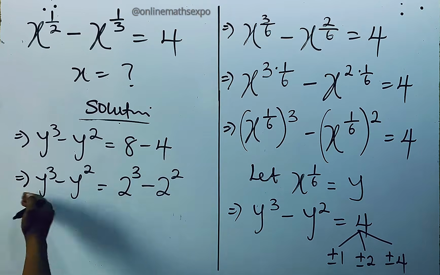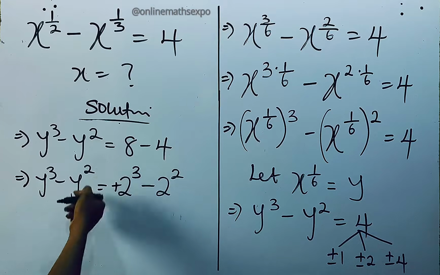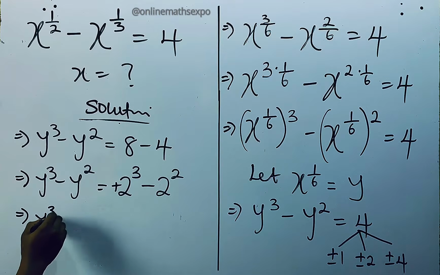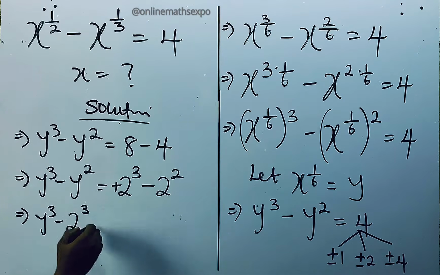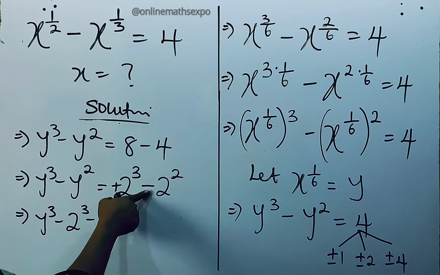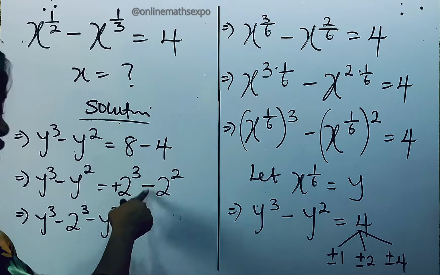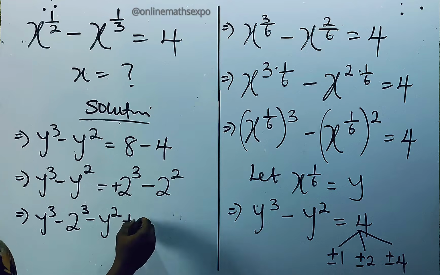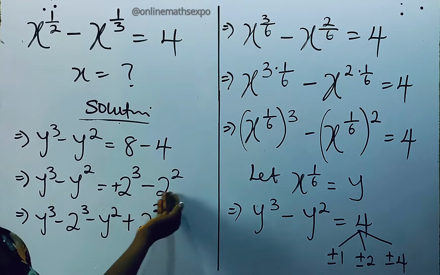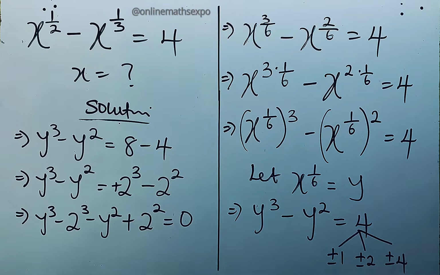So bring this to the left side; it is positive, so it's going to subtract. You have y cubed minus 2 cubed minus y squared. Because this is negative, you add 2 squared to both sides, and on the right side everything becomes 0.